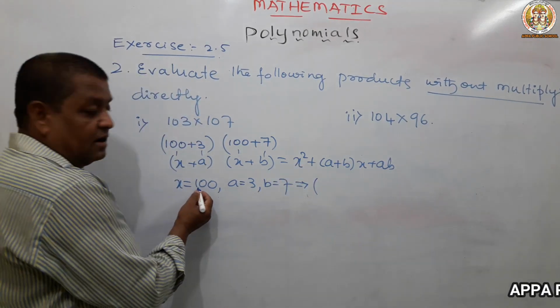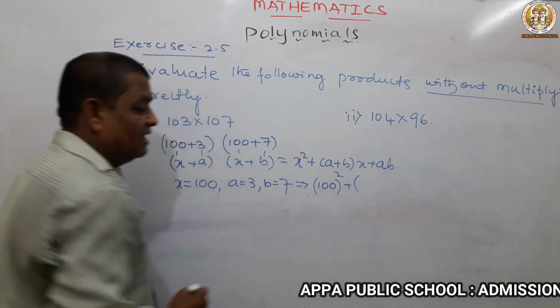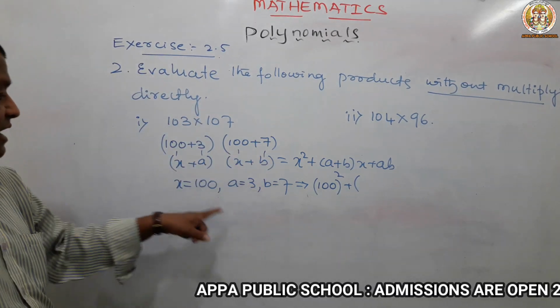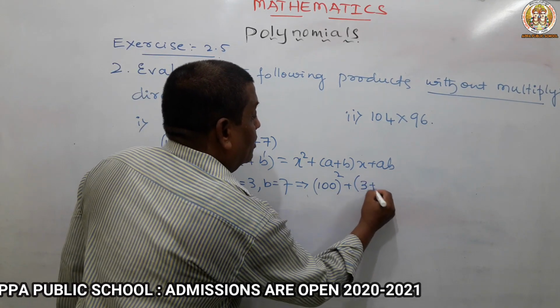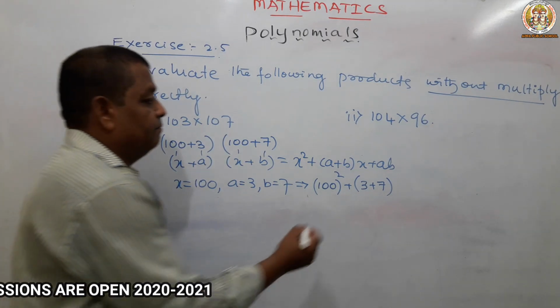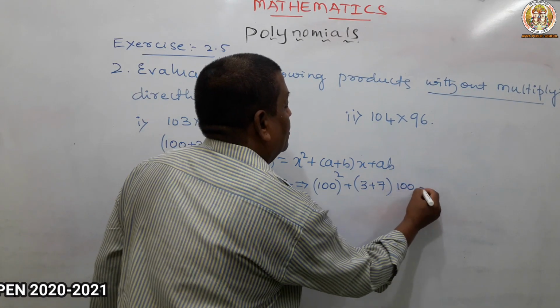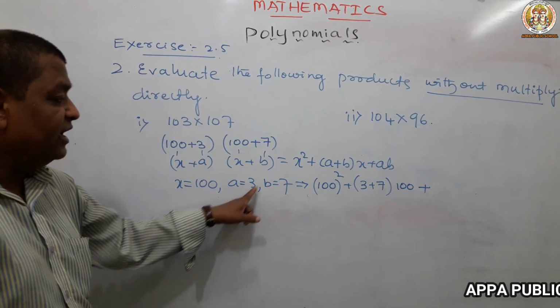x means 100, plus (a + b), a plus b is 3 plus 7, into x, x means 100, plus a into b, a into b means 3 into 7.